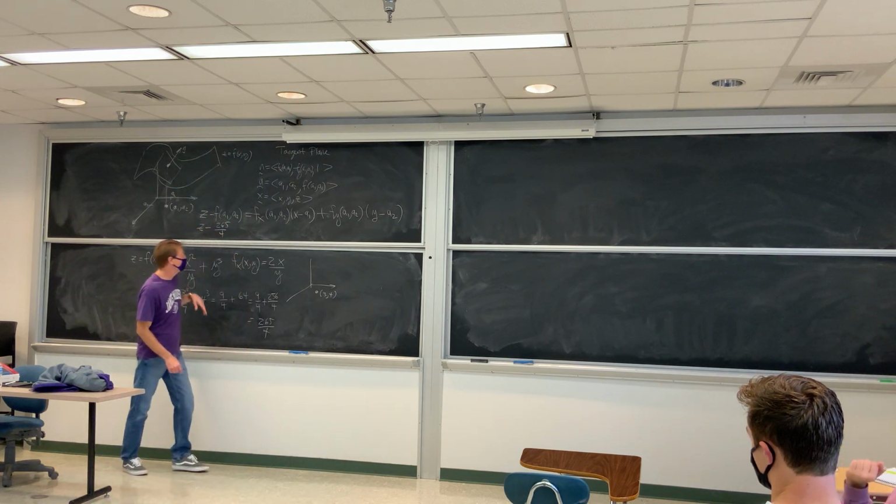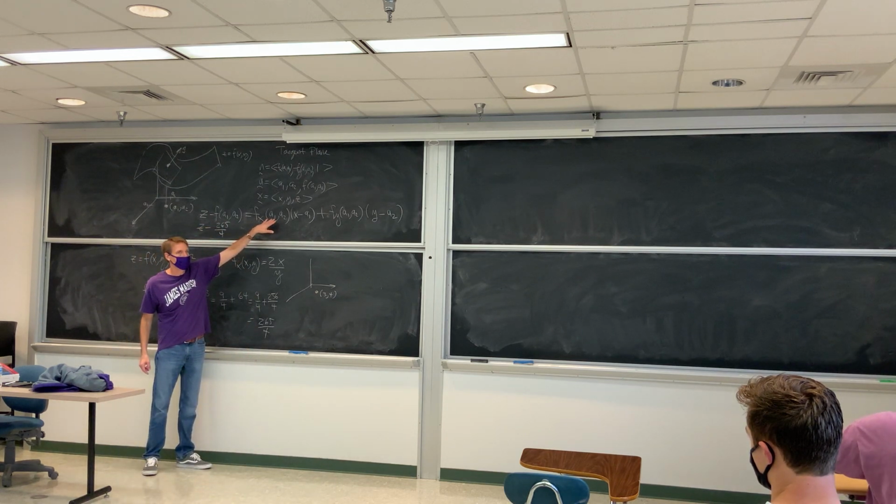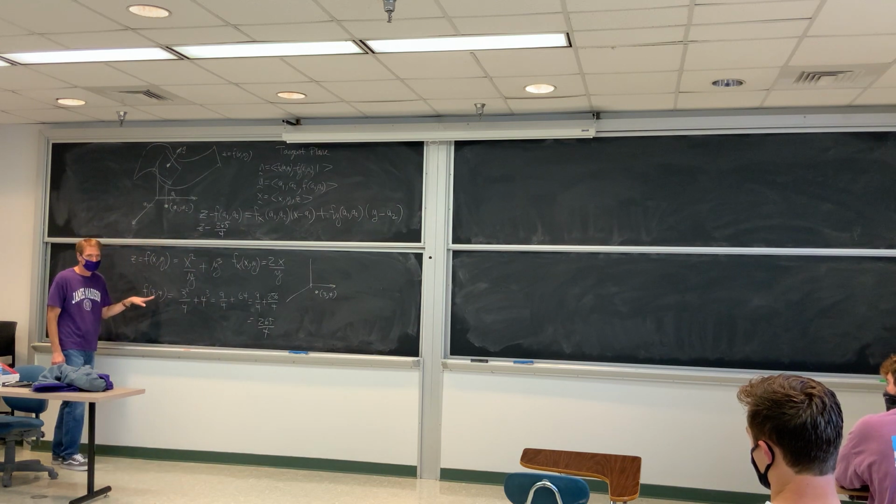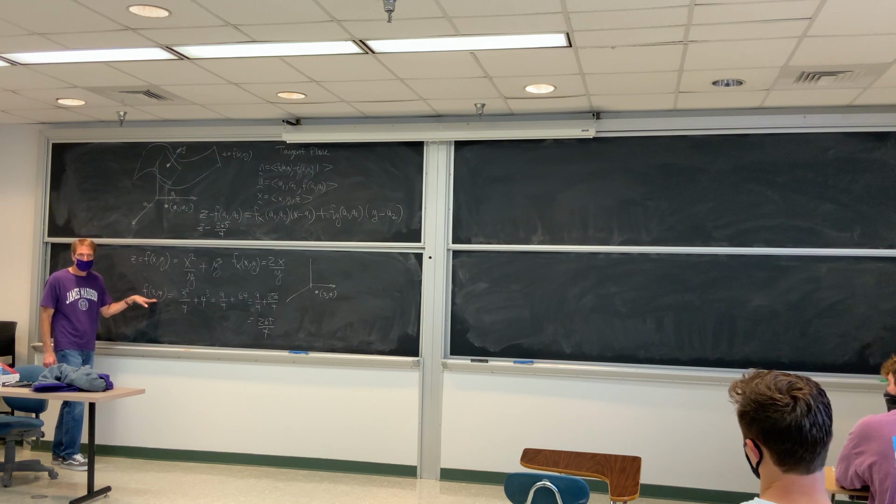Okay, but that's not what I plug in over here. I've got to evaluate my partial derivative at the point, okay, I'm pointing to it, at the point 3, 4.